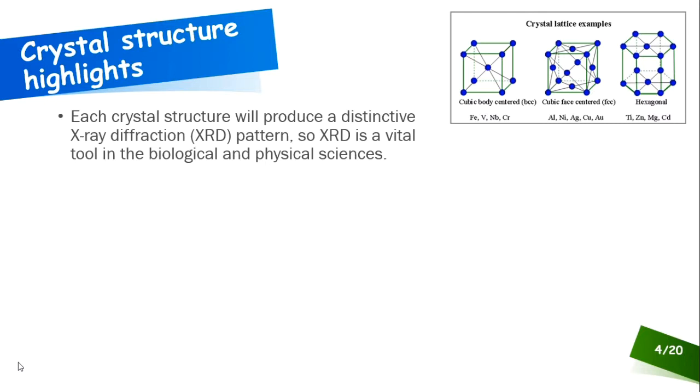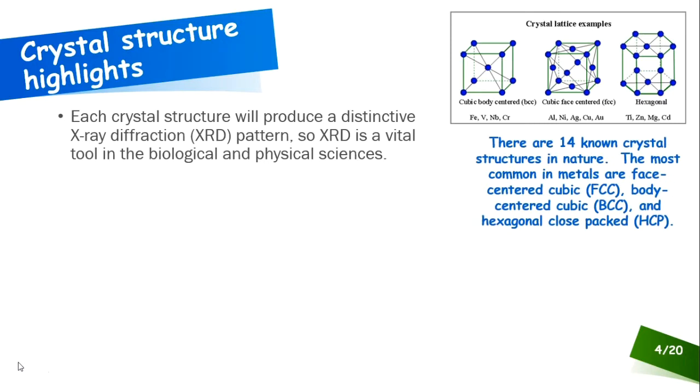For metals, you've got three basic crystal structures. There's 14 that we know about altogether, but most metals have one of these three crystal structures that you see here: body-centered cubic, or BCC, face-centered cubic, or FCC, and then there's hexagonal closed pack, which is also abbreviated HCP, hexagonal closed packed. And you can see the different types of example materials that they give here.